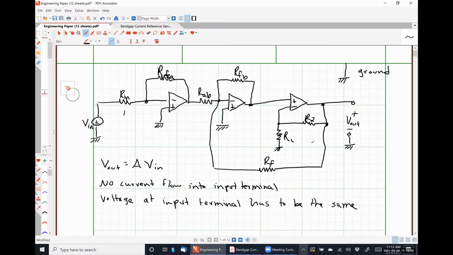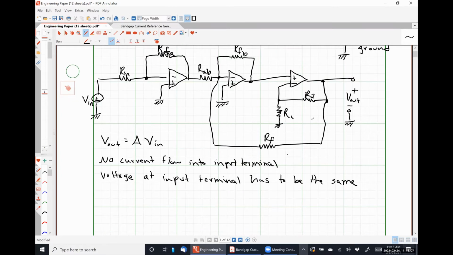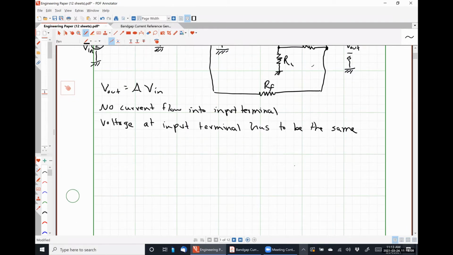All right, so going back to the tricks to help you solve these a little easier. Normally you want to start at V out. You want to start at the end and work your way backwards. Tricks: start at V out and work backwards.